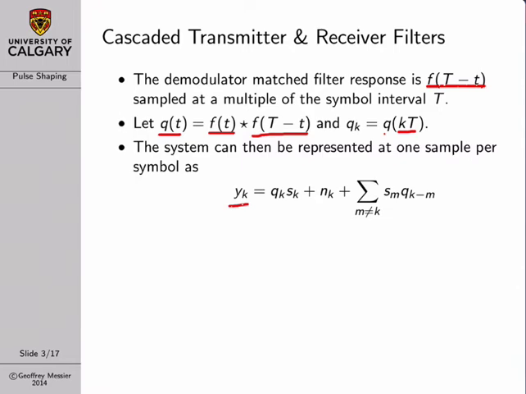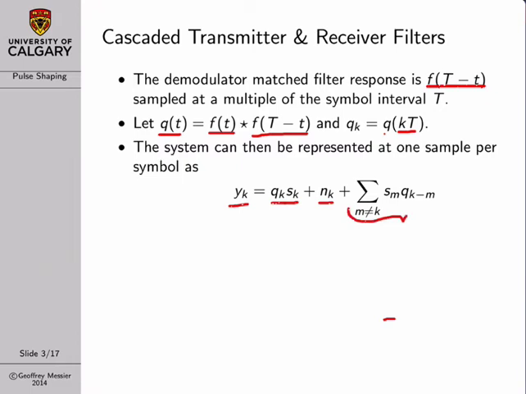And so what we then have is the output of the match filter is equal to the desired signal component, which is the signal vector value sk multiplied by the filter response qk, a noise component n, and then we have this summation.